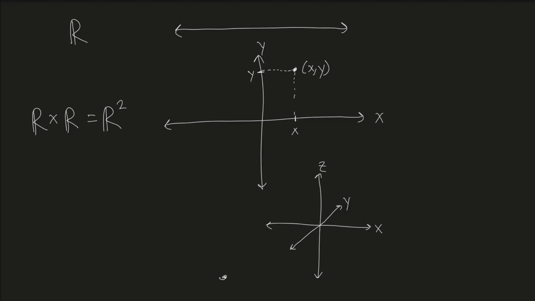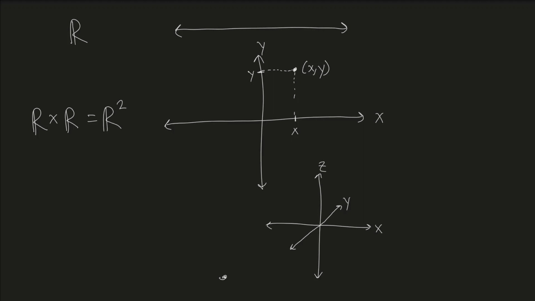So the 2D plane we call R2, and then with our 3D XYZ space, we see that it's a very, very similar idea. We just have now 3 real lines all adjoined to each other at 0. And so again, we have all these geometrical ideas of this 3D space, but equally we can view it as ordered triples of real numbers.